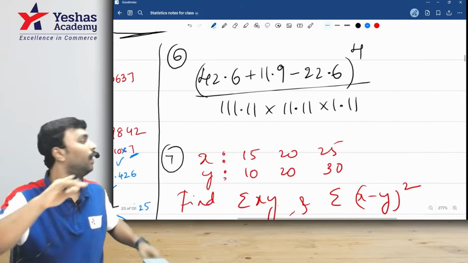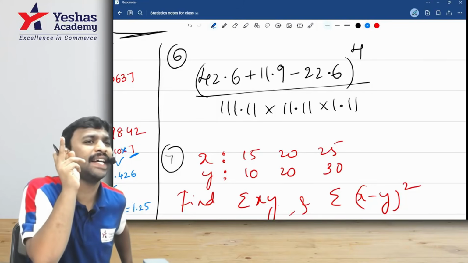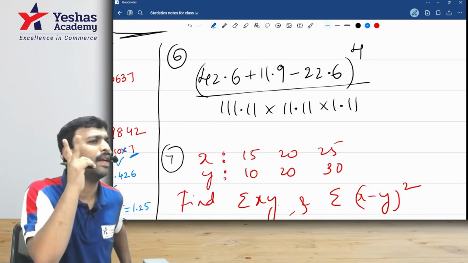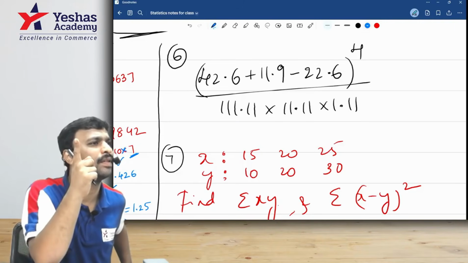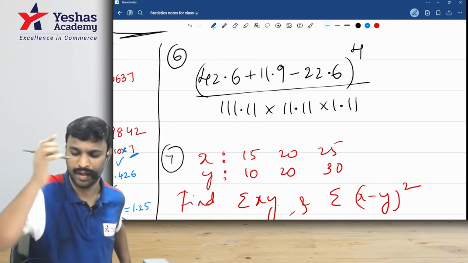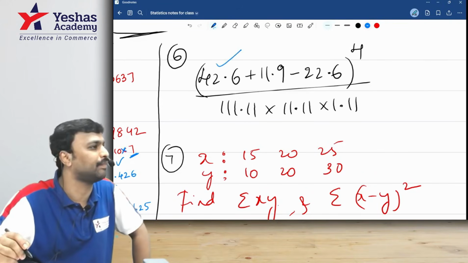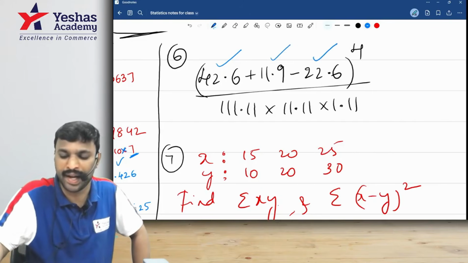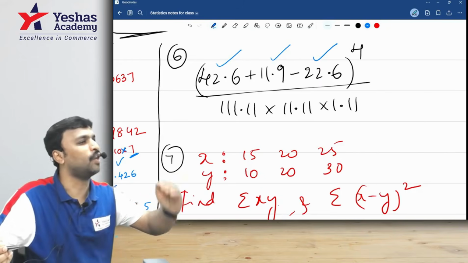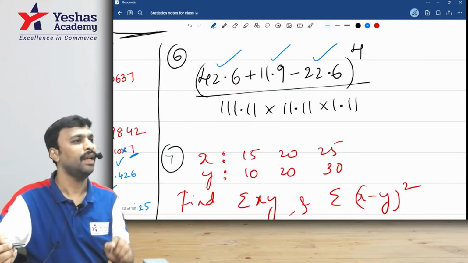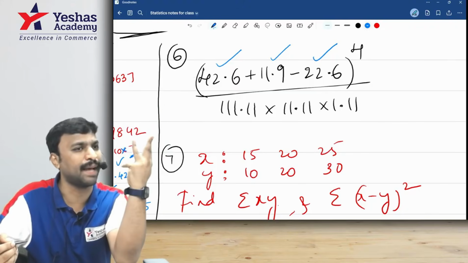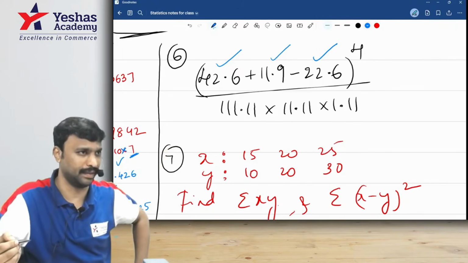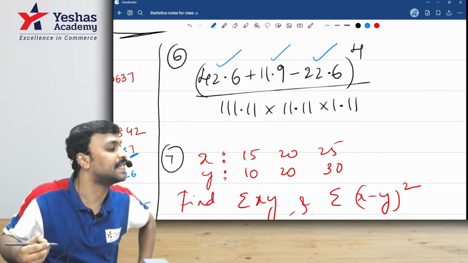Look at the sixth one. Numerator is complicated. Denominator is simple. Which type is it? Type 2. Solve what first? Numerator or denominator? 42.6 plus 11.9 minus 22.6. How do you raise the power to 4? Into equal, 3 times. For power 4, equal how many times? 3 times. What do you do with the denominator? Divide each term separately.